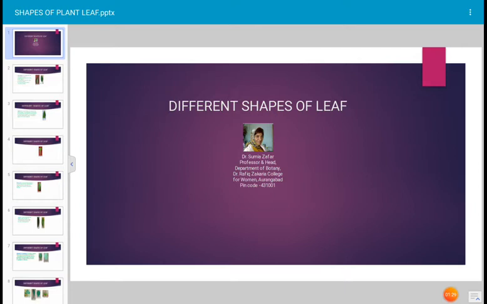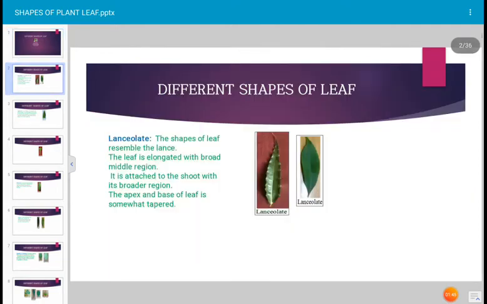And there are different shapes of leaf, which play a very important role in identification of the plant. There is great variation in shape, size, texture and color of leaf.